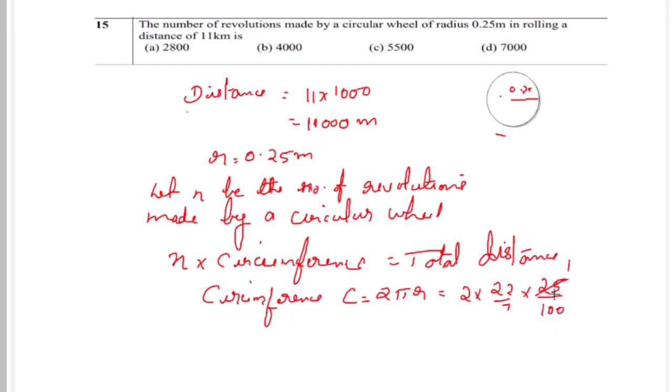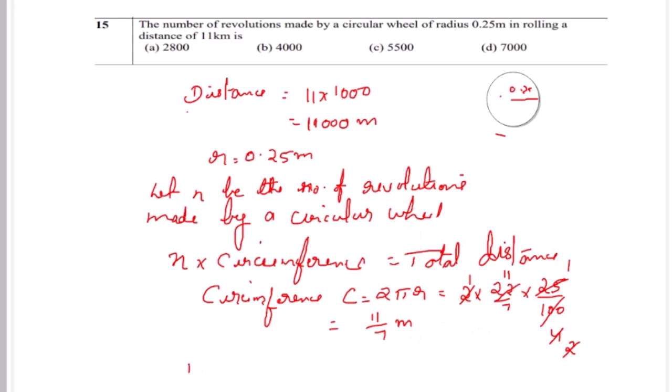So 25 goes into 100 4 times, and 2 gets cancelled on 4 2 times, and again 2 goes into 22 11 times. So circumference will be 11 by 7 meters, right? Circumference of this wheel is equal to 11 by 7 meters.